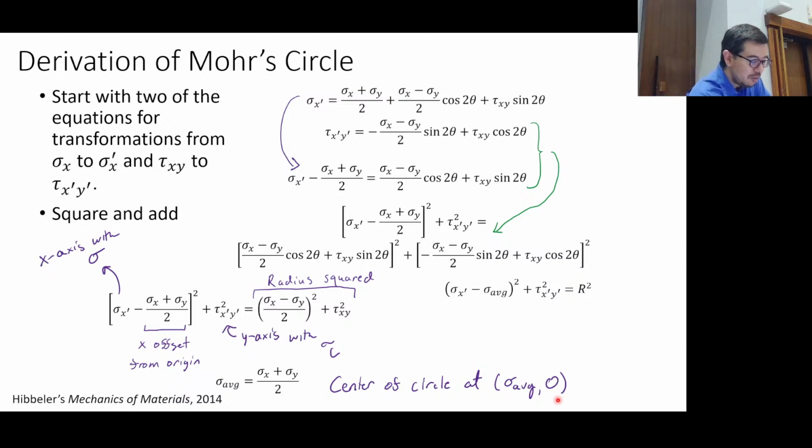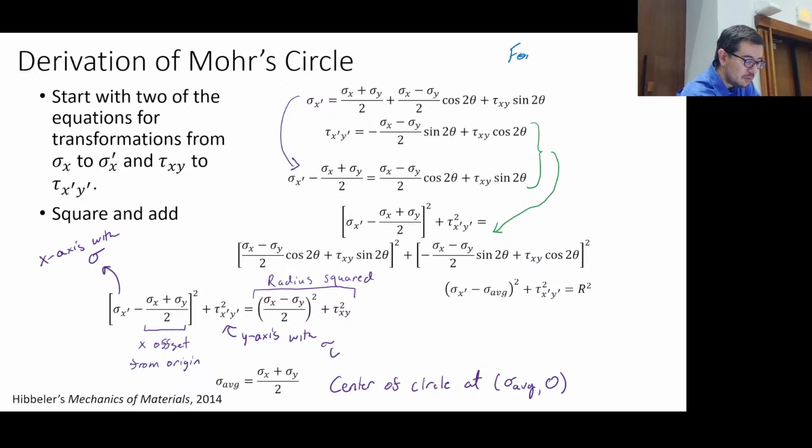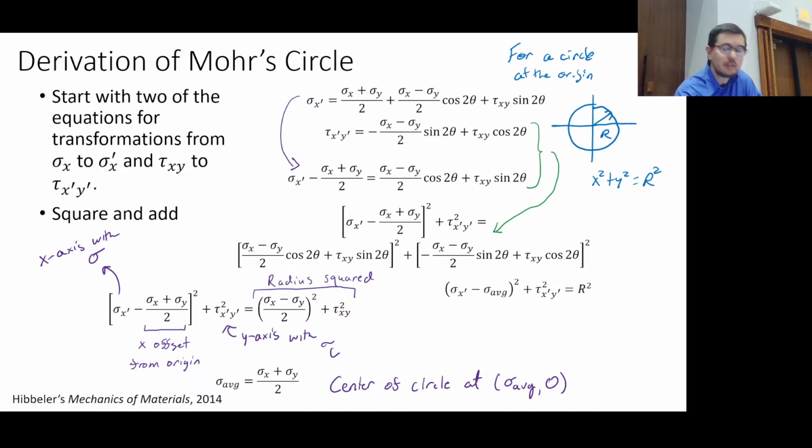Yeah, so you remember that for a circle at the origin, something like this, if I have radius r, it was just x squared plus y squared equals r squared, right?